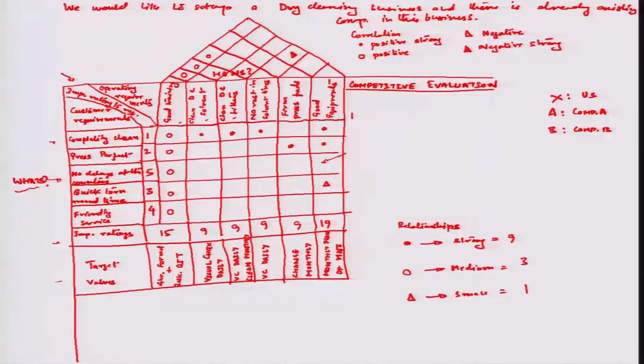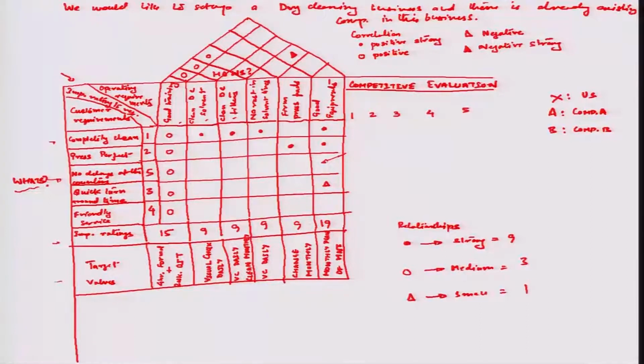So we'll evaluate our competitors in terms of 5 different ratings with 1, 2, 3, 4 and 5, where 5 happens to be the best in business and 1 is the worst. And so we will see where we are positioned with respect to our competitors.